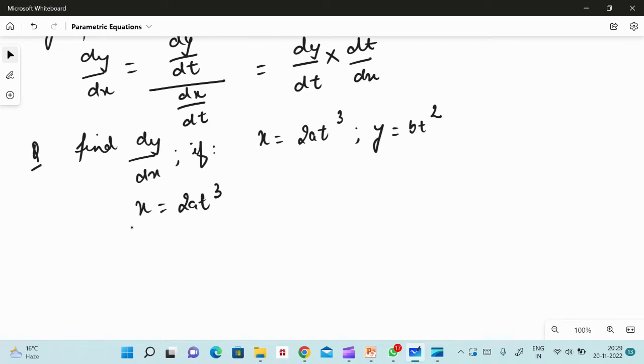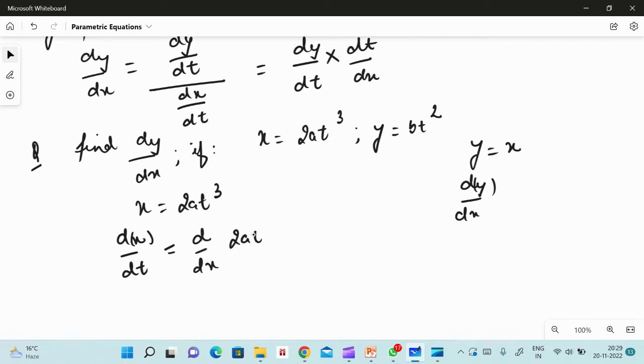If I apply the derivative here, I will get dx divided by dt. Earlier it was y as a function of x, so we wrote d upon dx of the function of y. Here, since it is x on the left-hand side, we will write d upon dt of the function of x, and this is equal to d upon dt of 2at cube.